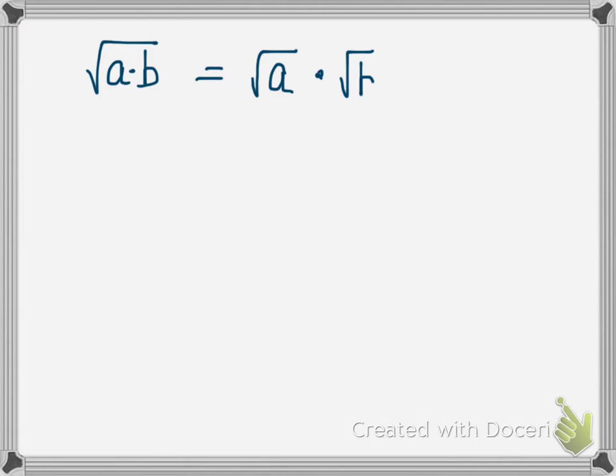So what that's going to allow me to do is to see if there's any perfect square factors. So if a or b is a perfect square, when I rewrite it like this, part of this expression can be simplified exactly, because square roots of perfect squares I can just rewrite as the number itself, right? So that's what we're going to be doing. We're going to be looking at numbers that are not perfect squares and seeing if they have any factors.